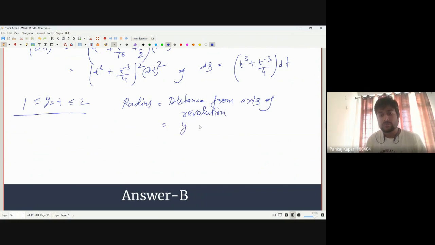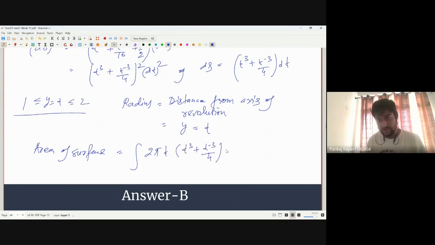Which is here in terms of y, it's y, and y is equal to t, and hence area of surface is equal to the integral 2 pi times t, and then we have ds, which is t cube plus t to the power minus 3 divided by 4 into dt, where t varies from 1 to 2.